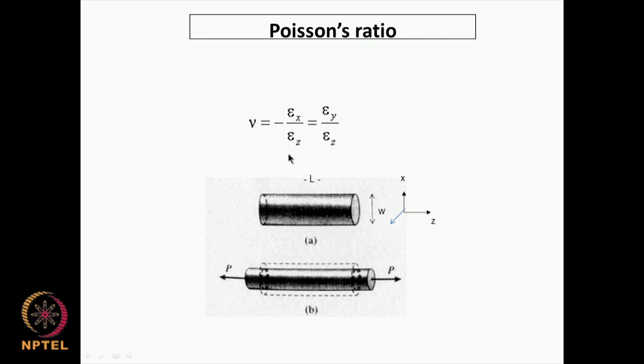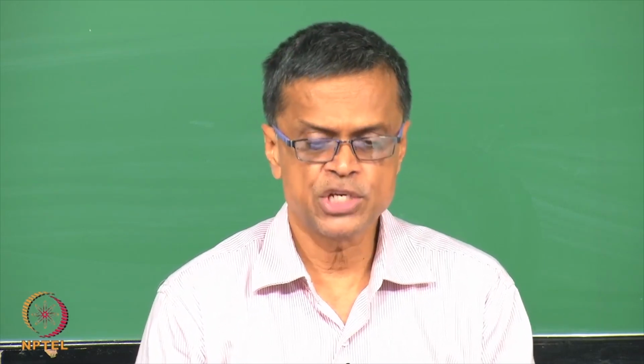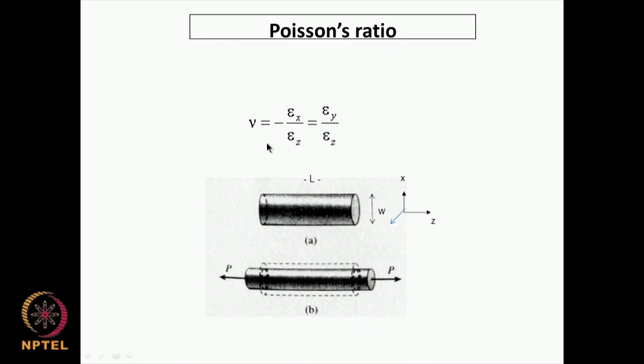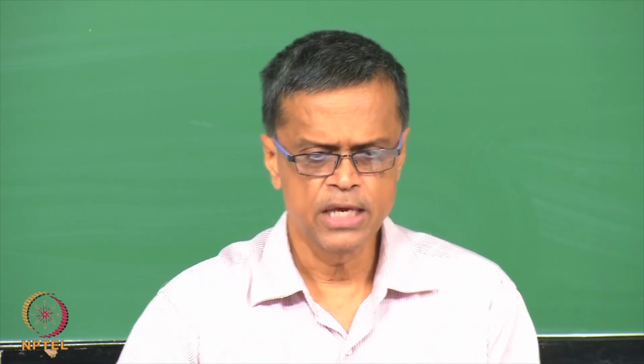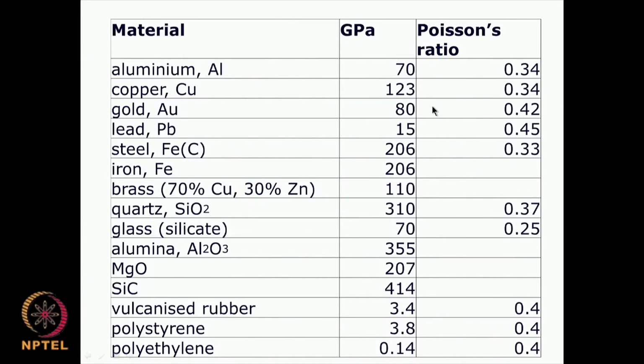Poisson's ratio is also very important in medical applications. I will show you some examples of that. It is also very important for us to know for materials, whether it is metals or rubber or plastics and so on. This table gives you an approximate idea about what the Young's modulus and the Poisson's ratio could be.